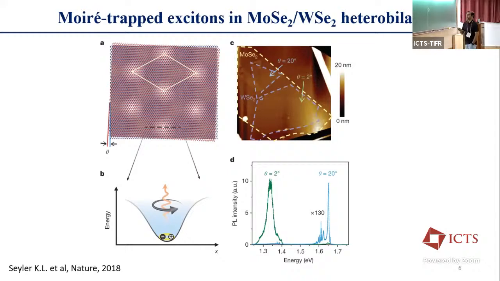We can start to see this kind of sharp feature if we are really hitting a particular twisting angle. For example, here at a twisting angle of 2 degrees, we don't see this kind of sharp feature, but if we twist it at 20 degrees, we start to see this sharp excitonic feature.